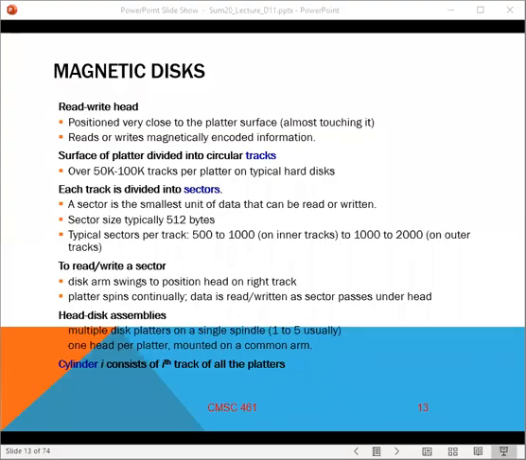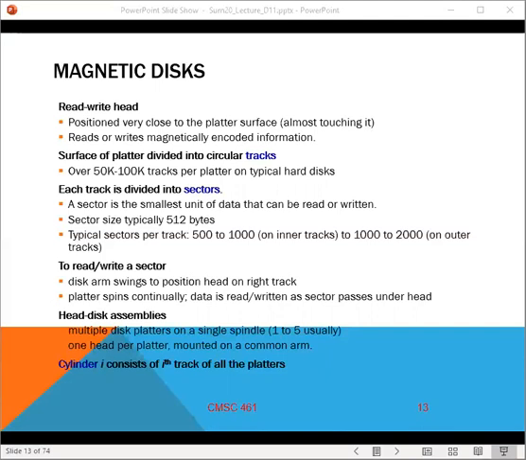And as we see here, you have about 50 to 100,000 tracks per platter. And then you have maybe 500 to 1,000 sectors per track on the inner tracks, and 1,000 to 2,000 sectors on the outer tracks of the platter, which have, of course, a larger circumference.